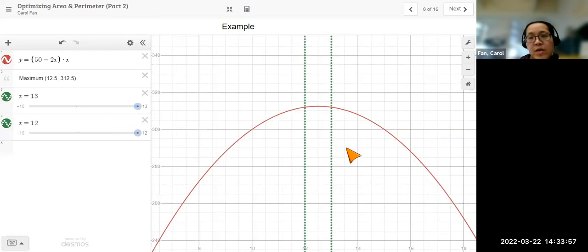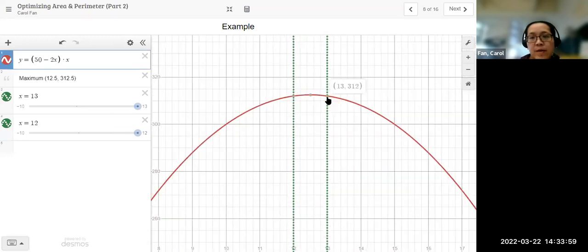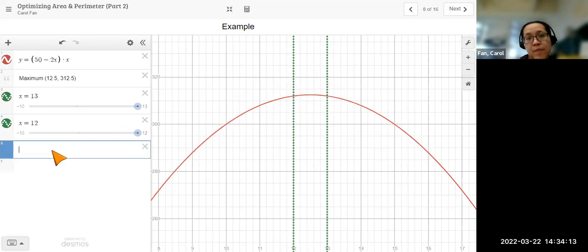I'm going to zoom in here just to see where these intersect. The two places where it intersects at a whole number would be at 13 and 12. So those are the clearest ones.